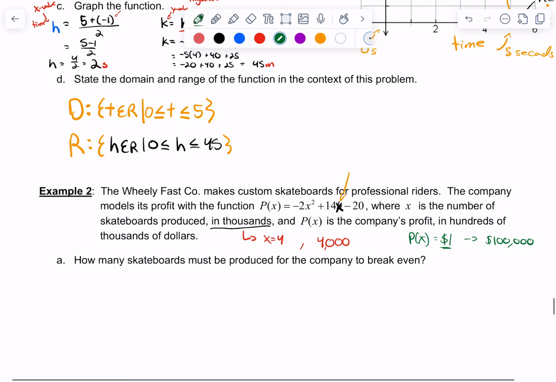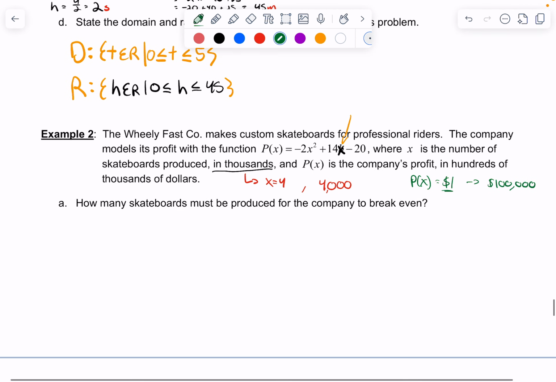So example 2A. How many skateboards must be produced for the company to break even? All right, so break even in terms of business is when profit equals zero. It's essentially when your costs and your revenue are the exact same. So you haven't made money, but you also haven't lost any money.